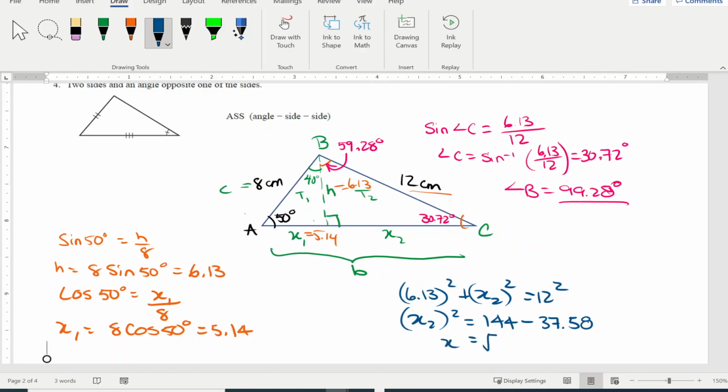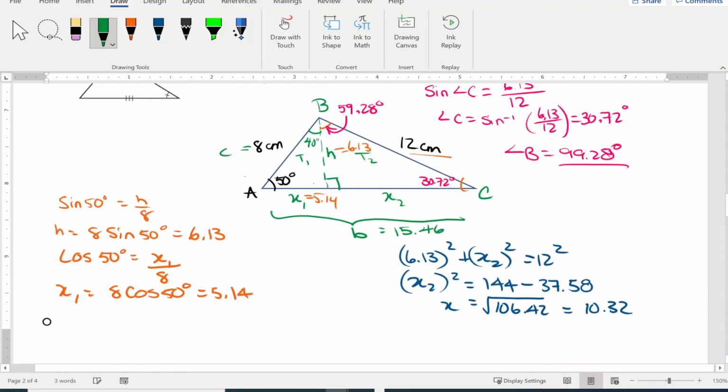So X2 is equal to the square root of 106.42, and that gives us 10.32. Now to get side B, we want to add 10.32 plus 5.14, and that gives us 15.46.